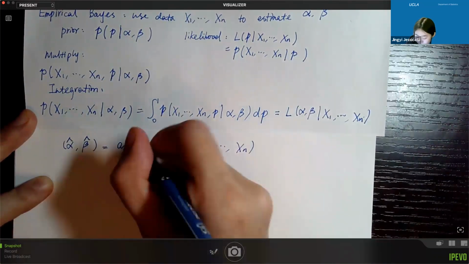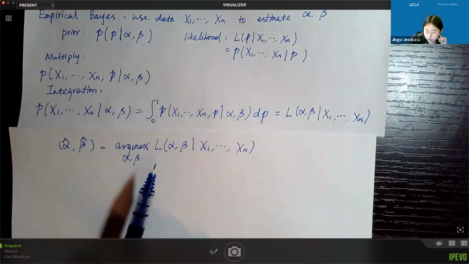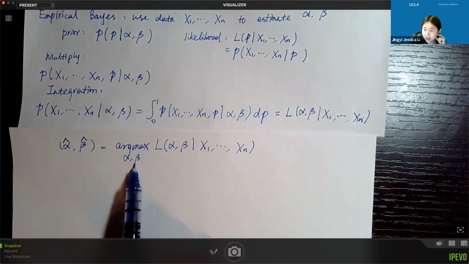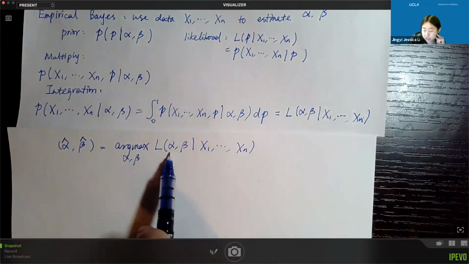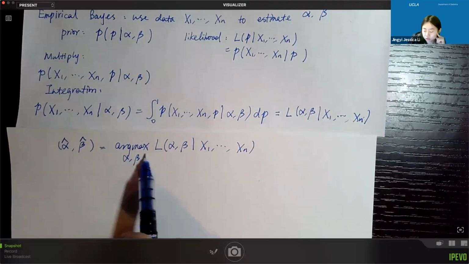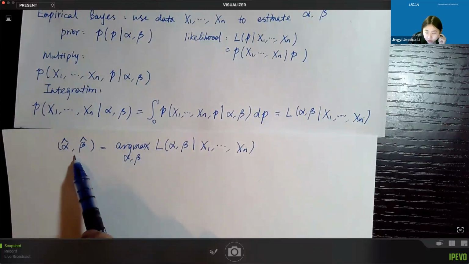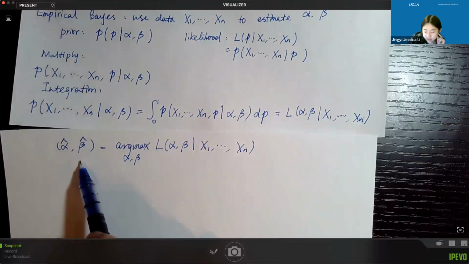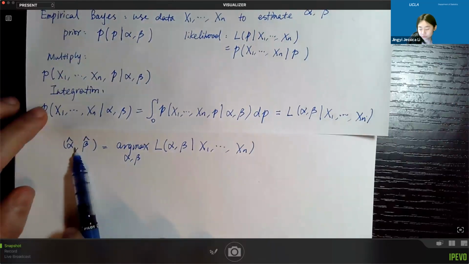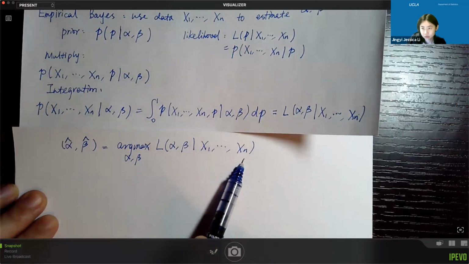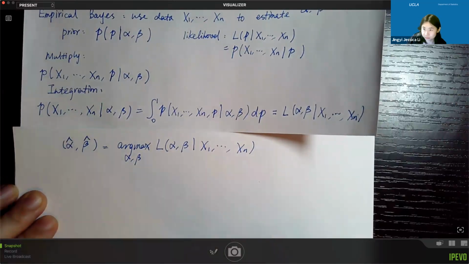So we often use this argmax notation. The argmax means the value of alpha and beta that maximize this function. And we return those maximizers as alpha hat and beta hat. Okay, so then with this, we will use those two estimates, obtained by maximizing the likelihood, as our prior parameters.